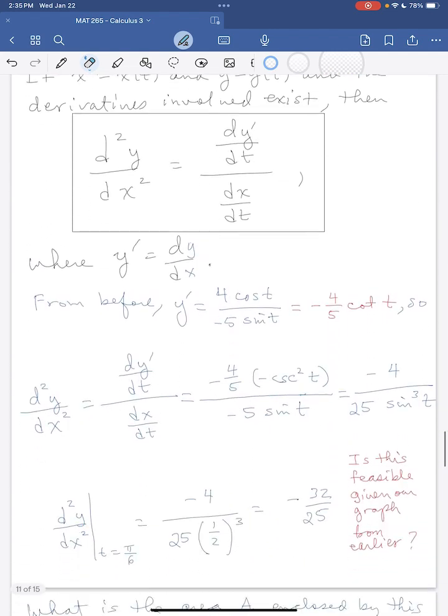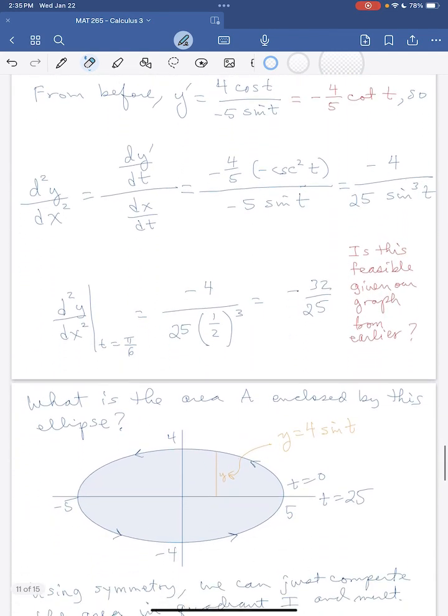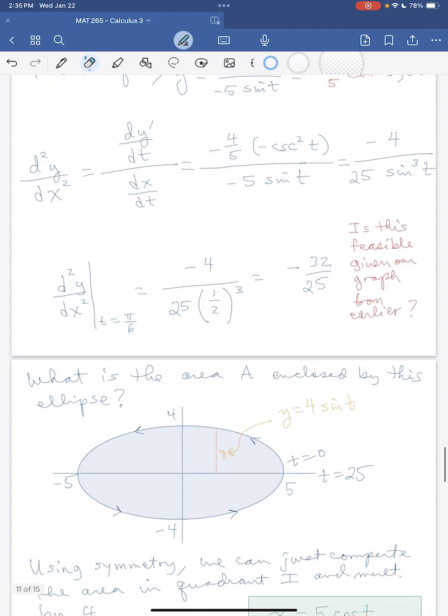All right, so lastly, we'll look at an area problem. So what is the area trapped inside that ellipse? And so what we can do is use symmetry and just calculate the quadrant 1 area, right, the area of the region in quadrant 1, and we can just multiply that by 4. And we have to be careful here.